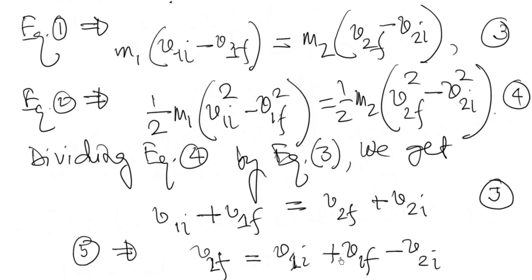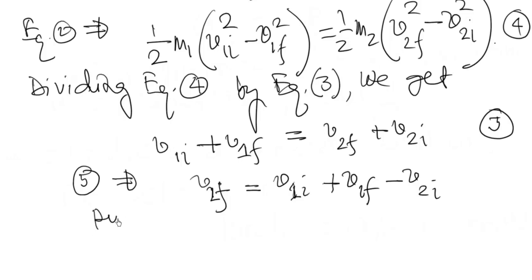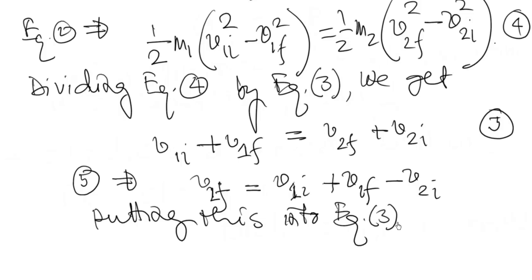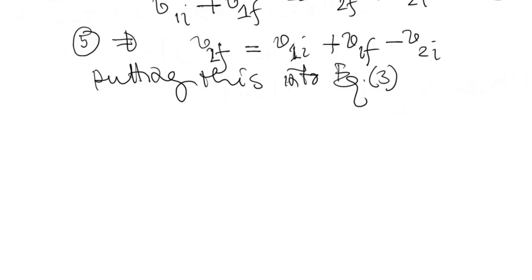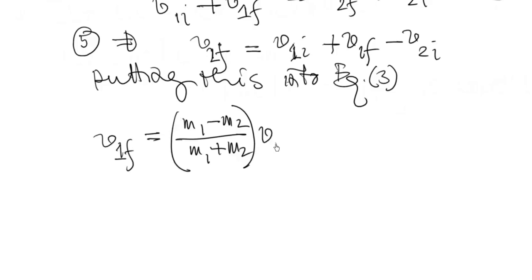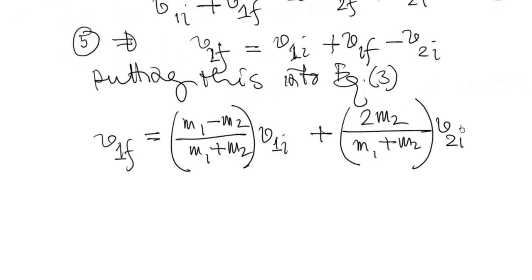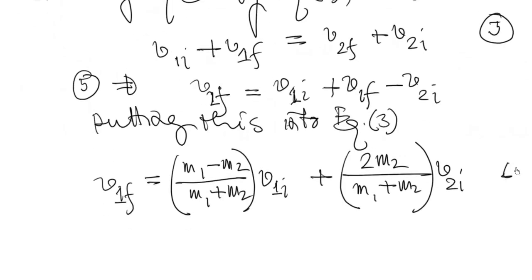I'm putting this into equation 3. If we substitute this into equation 3, then after some algebra you will see that v1F equals (m1 minus m2) divided by (m1 plus m2) times v1I, plus twice m2 divided by (m1 plus m2) times v2I.